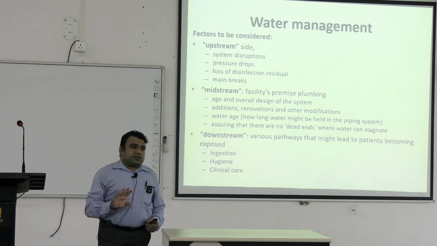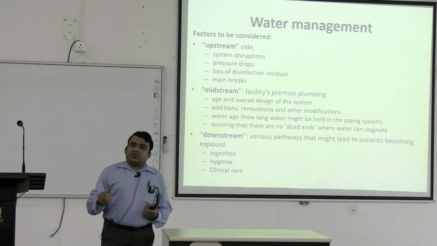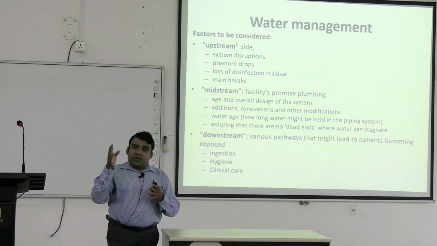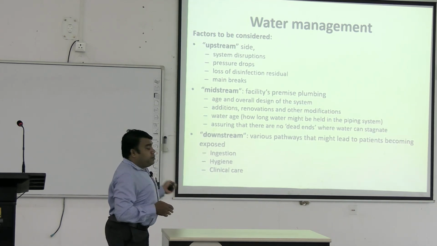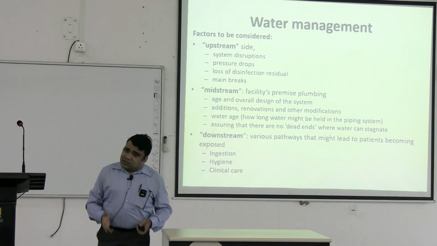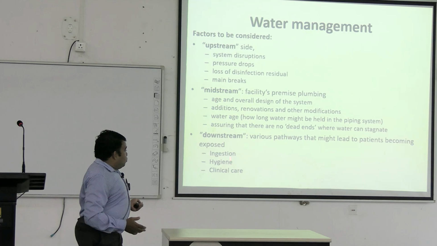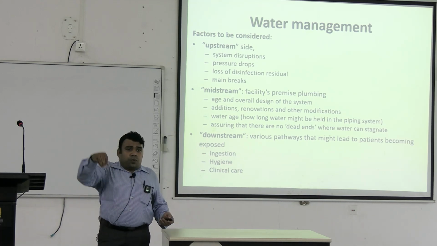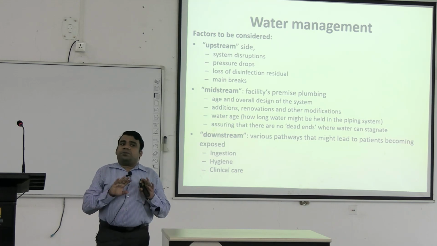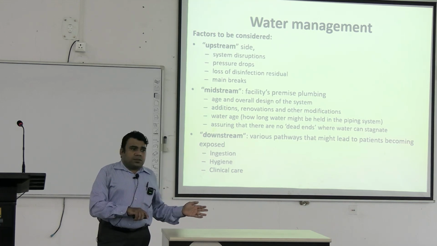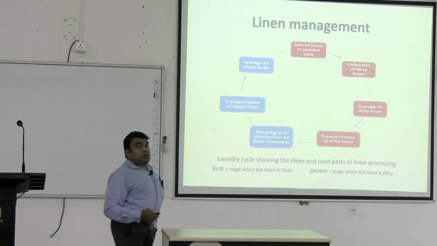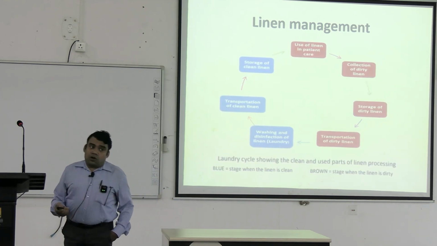So these are the three parts. So contamination can happen at three areas. One is upstream, that is from the water source it may get contaminated, or there might be a contamination in the water storage system itself, or it could be in the downstream, that is during the point of use and the discarding of sewage. So these are predominantly the concern of the department of engineering or the architectural department, but you must be aware of all the waterborne diseases that can cause outbreaks.